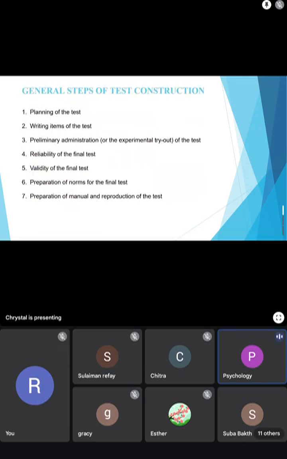See, generally speaking, any psychological test will be tried out a minimum of three times. They administer the test on three different occasions, and only then do they standardize. So it should be tried out already. It should be ideal for an experimental purpose. That way, we refine the test.